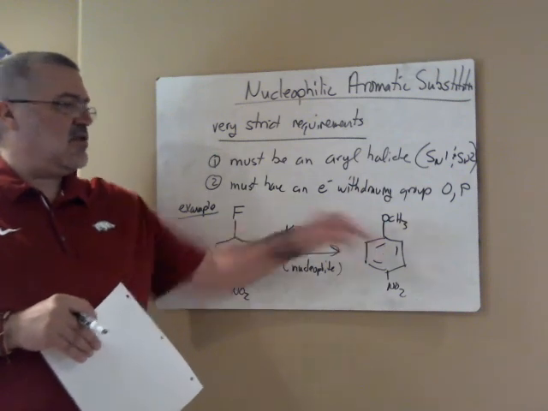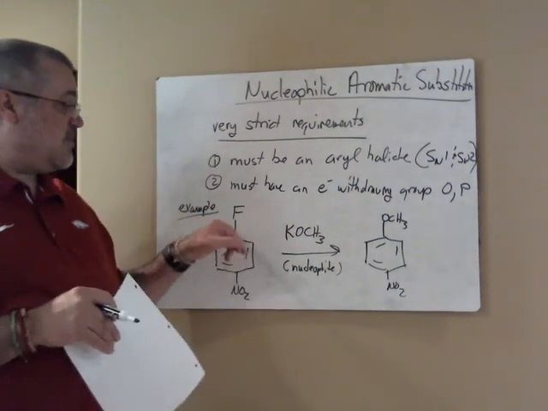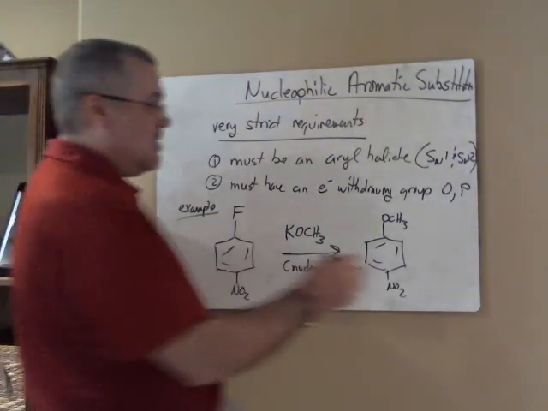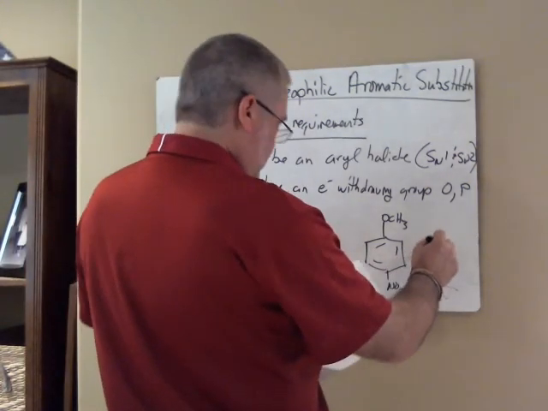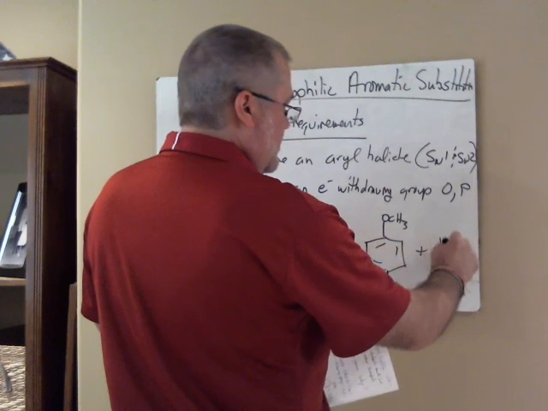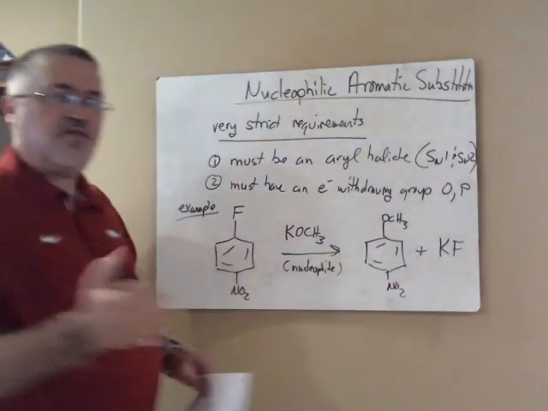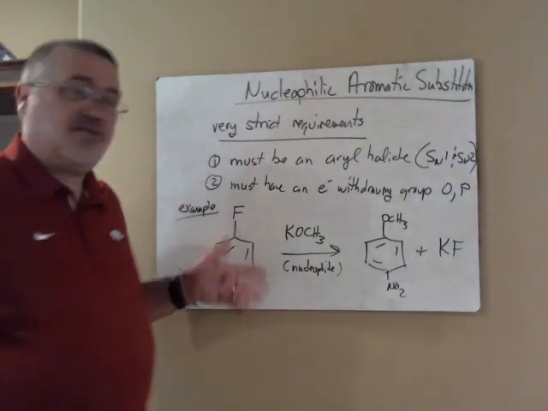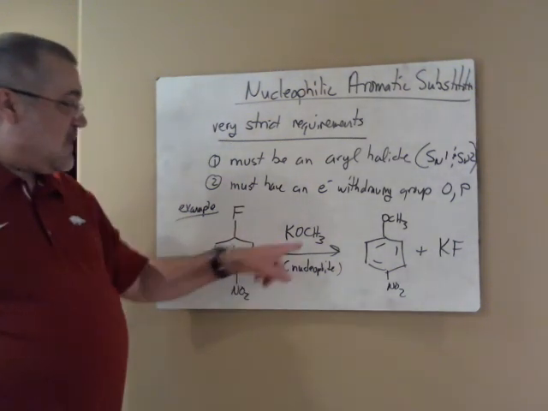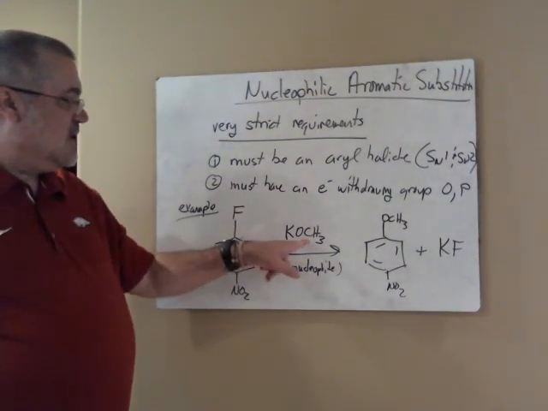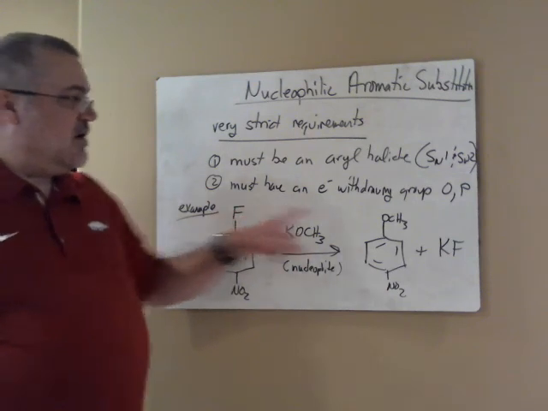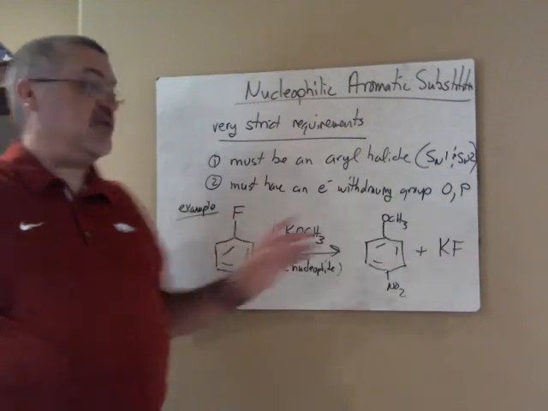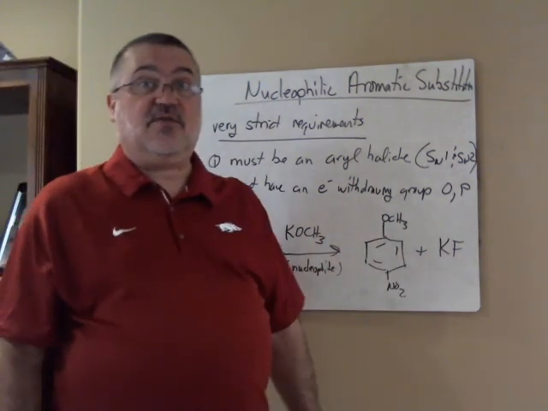Here, the orientation is simply the nucleophile substitutes exactly where the halide was. Okay, and then of course, if you want to keep a balanced equation, you're going to have KF. And so using terminology from last semester, the OR minus is the nucleophile and the fluorine here is the leaving group. Remember that term? It's what's leaving in this reaction.